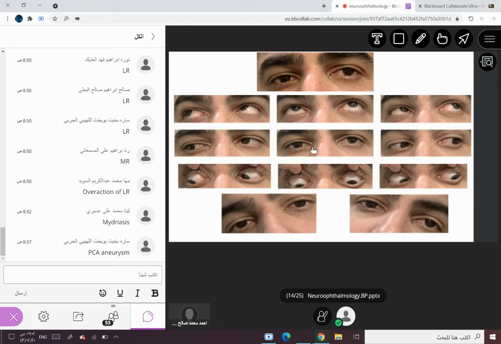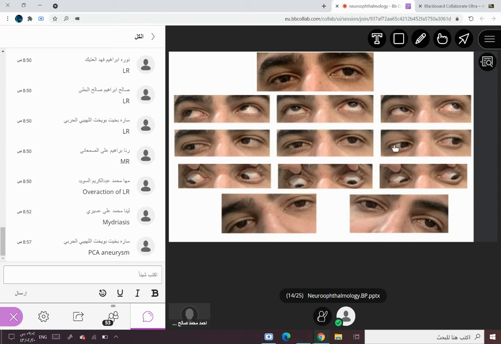In this example, there is very little, but if you imagine this one, it is slightly hypertropic. We ask the patient to look to the opposite side, and it is slightly elevated.